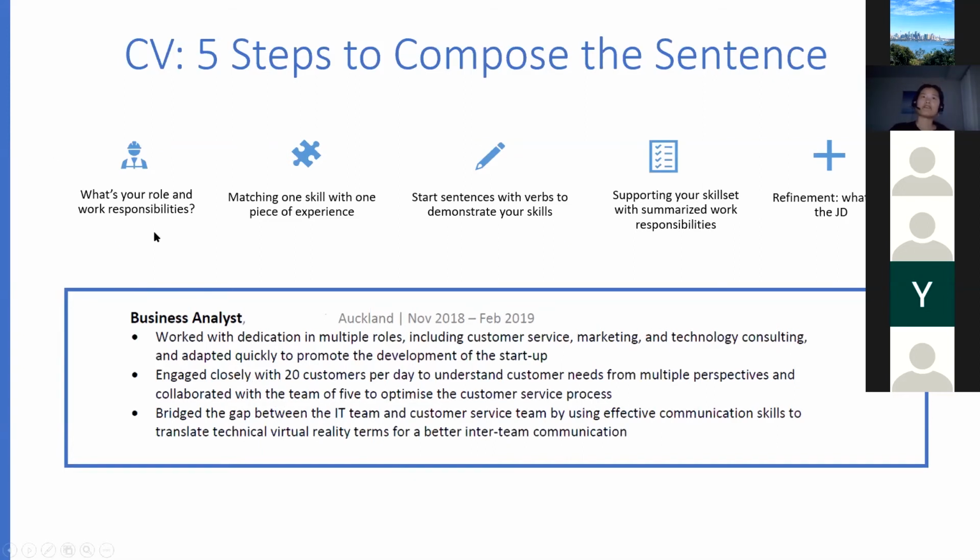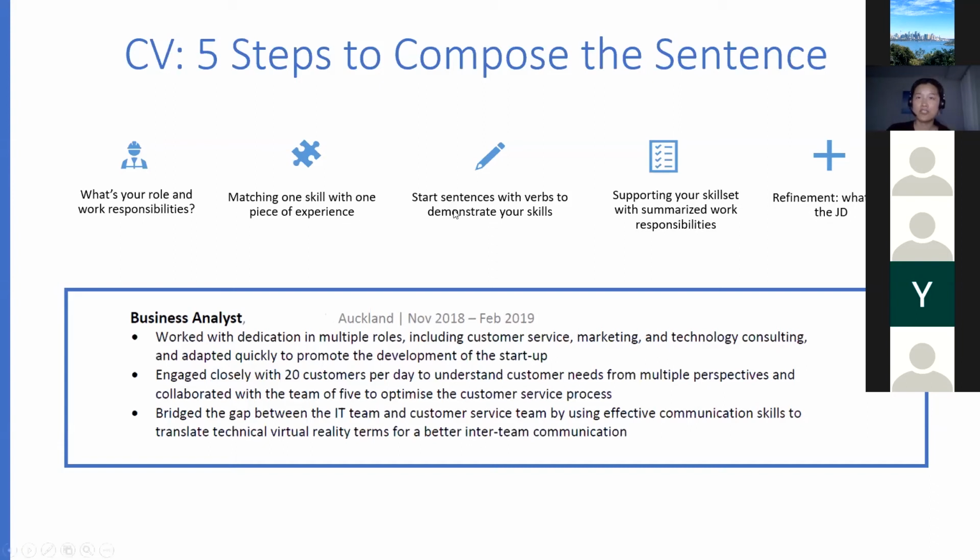So these are the 5 steps for how to compose the sentences that I found very useful when I was writing my work experience. The first step, ask yourself your responsibilities. Make them separate responsibilities, matching one skill with one piece of experience.